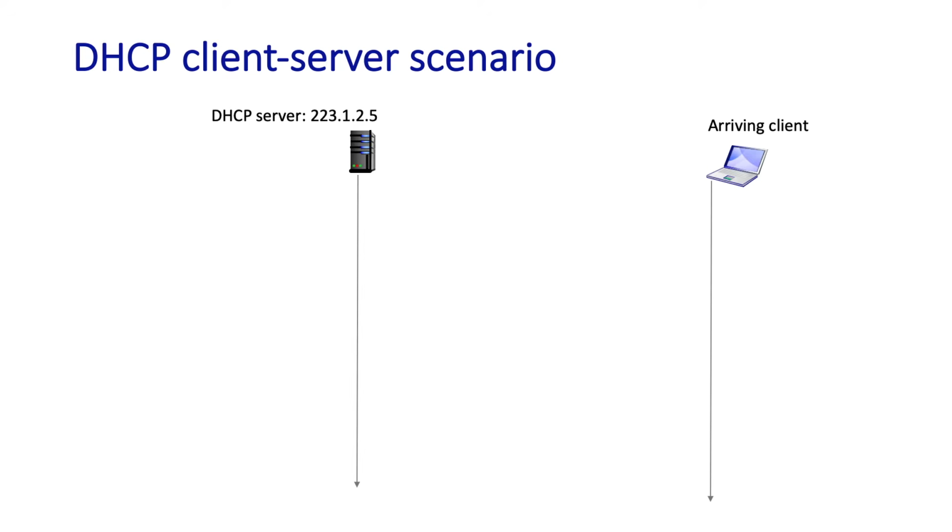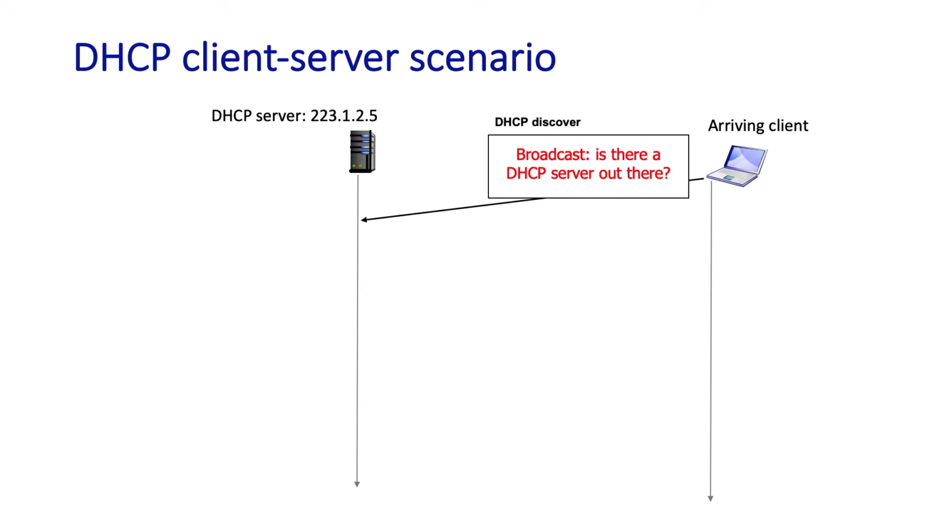In the first step, the arriving client broadcasts a DHCP message that will be received on the interfaces of all of the hosts and routers in the subnet to which it's attaching. The discover message basically says, hey, is there a DHCP server out there? This is a form of service discovery.